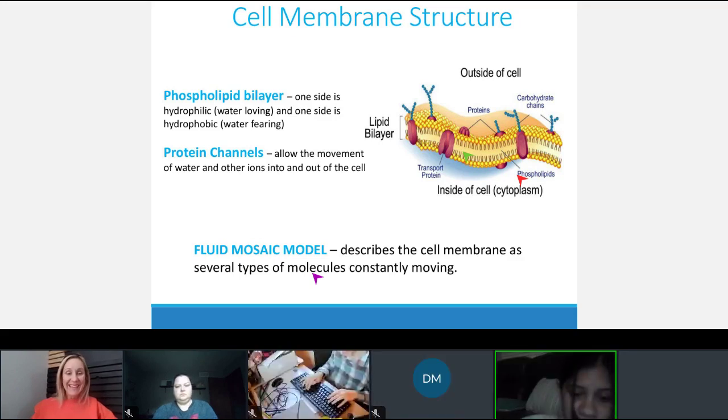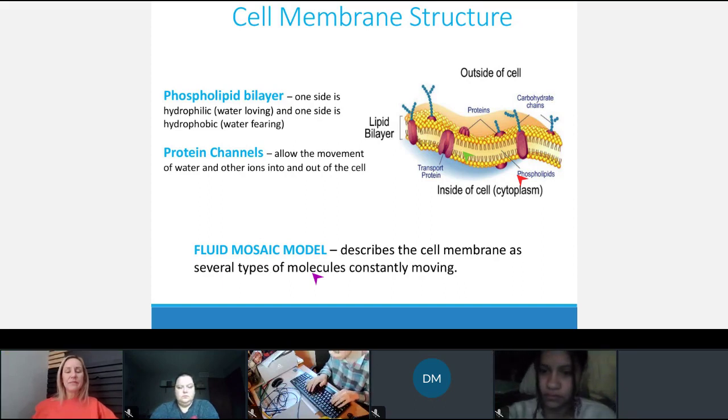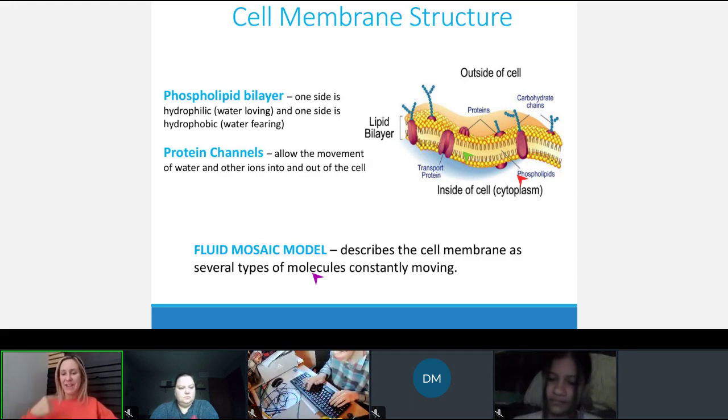Fluid mosaic model describes the cell membrane as several types of molecules consistently moving. Good. So what this basically means is that things are constantly moving in and out of the cell at all times.